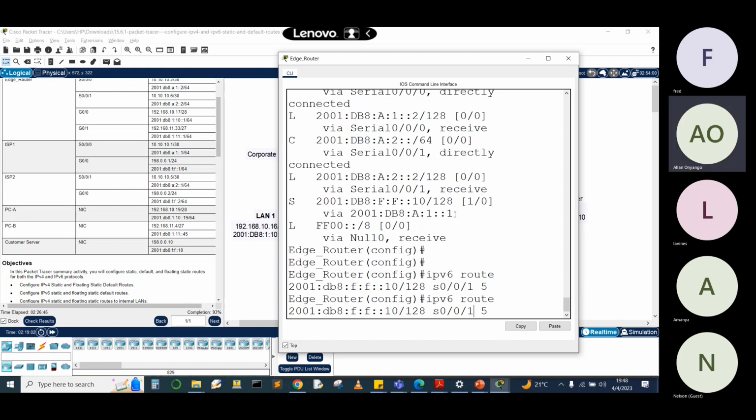Okay, so let's put the next hop for ISP2, which is 2001:DB8:A:2::1. I highly suspect that's the problem.